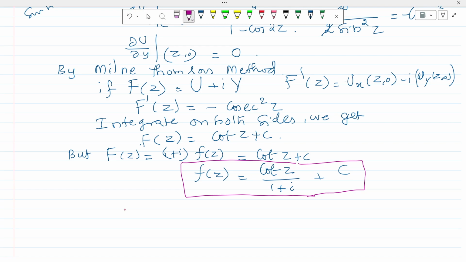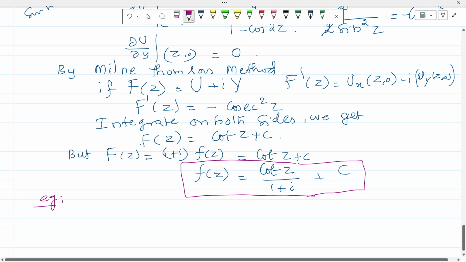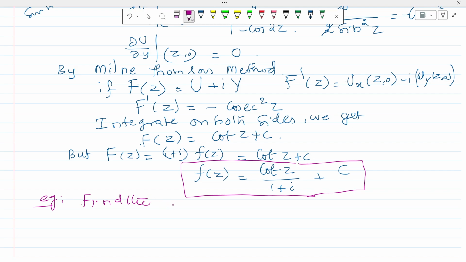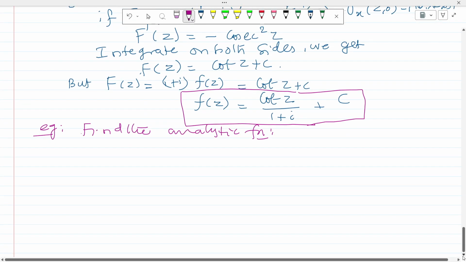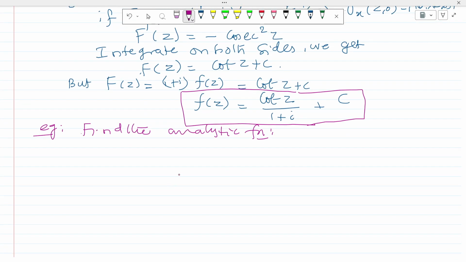One more problem in this example. I think this problem also I have given. Find the analytic function. Listen, if you are able to write, write that. Otherwise, no need to write. Just listen. This is a very important problem.